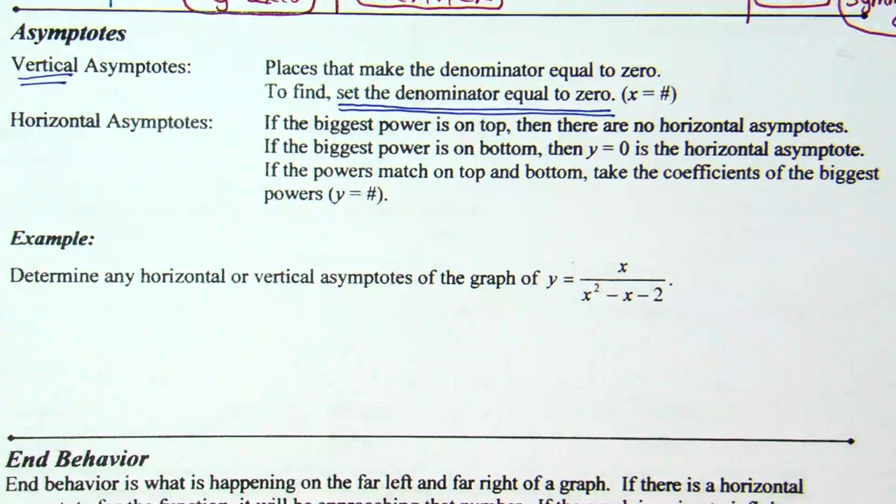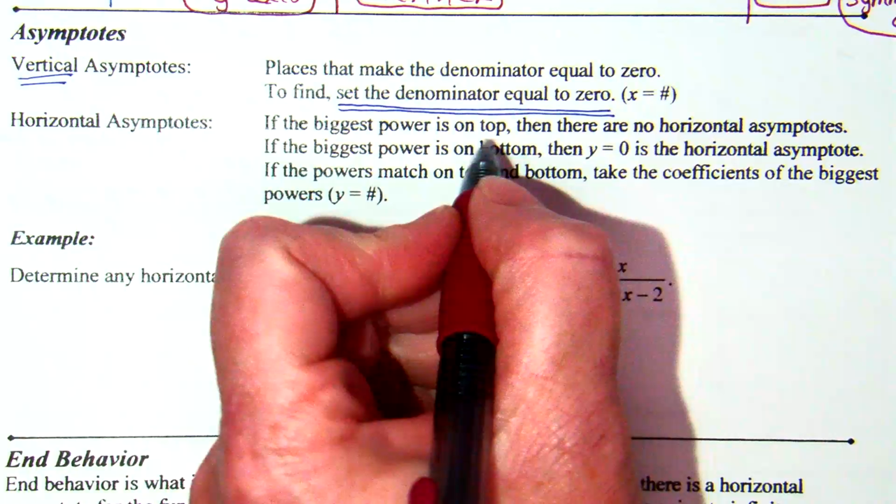Horizontal asymptotes. I know I gave you guys notes on these last year, like on a little formula page you were able to use on the test. And it's all about the powers. So if the largest power is on top, then there are no horizontal asymptotes.